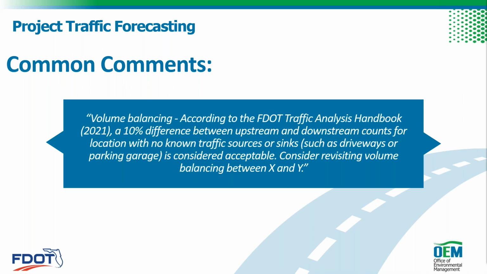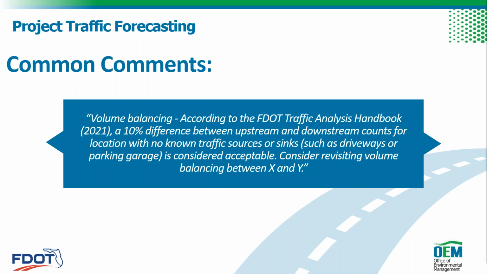Volume balancing. So the traffic analysis handbook says that a 10% difference between upstream and downstream counts for a location with no known traffic sources or sinks is considered acceptable. So if we have 2 adjacent intersections with no major driveways or intersections in between, we're losing half our traffic. Why is that?